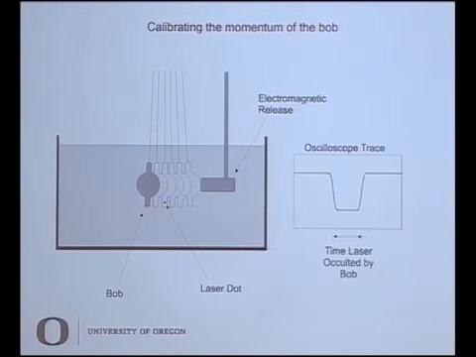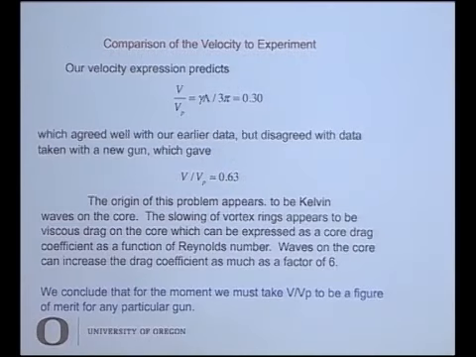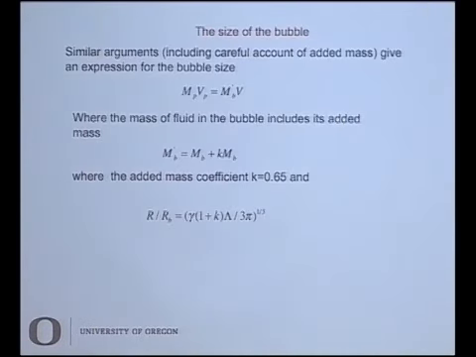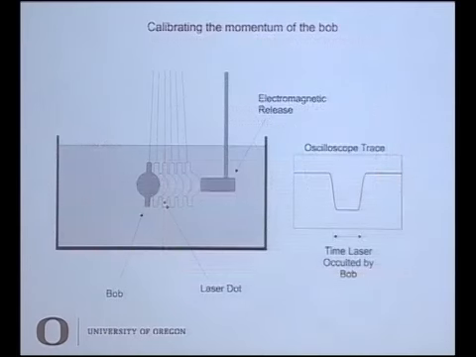And so the second part then of this is that you fire a laser into the screen. You have a photocell on the other side, and when the bob goes by, you get an occultation, which you have to correct slightly for diffraction, but you can do that easily.